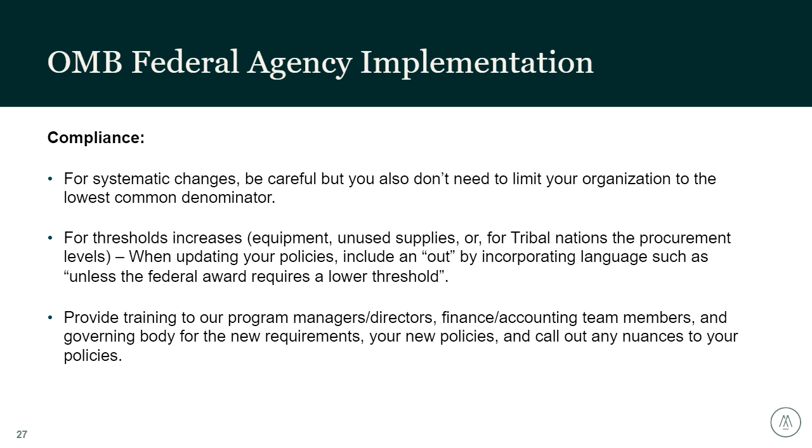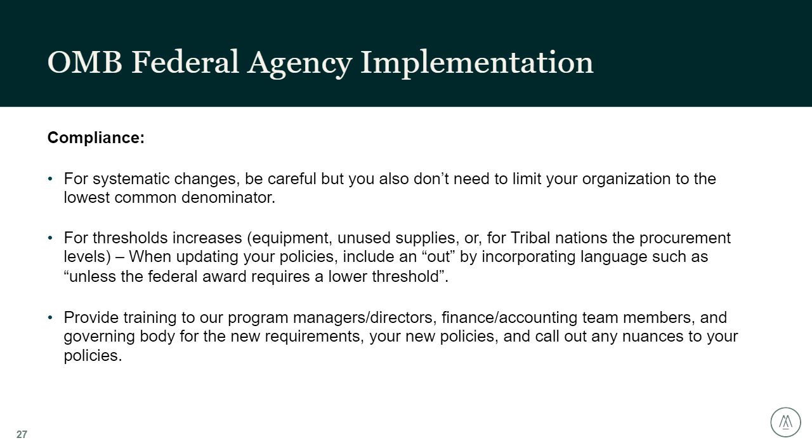The way to successfully implement this is to make sure you are providing adequate training to your program managers, directors, finance and accounting team members, your governing body members, and whoever is involved in the grant cycle process at your organization, so that they review their awards. There will be times where two awards provided for the same program may be following two different requirements.